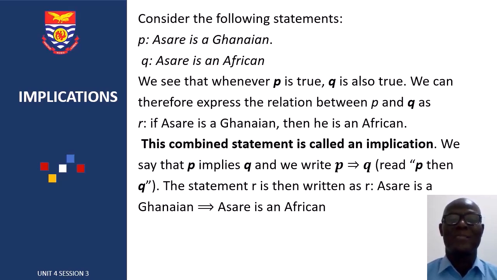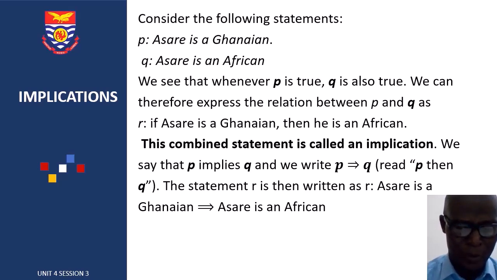Now we say that P implies Q, which is written as P, the implication sign, Q. Now the statement R then is, Asari is a Ghanaian implies Asari is an African. Also, let's say statement P, Abena has muscles, and statement Q, Abena is in the hospital.